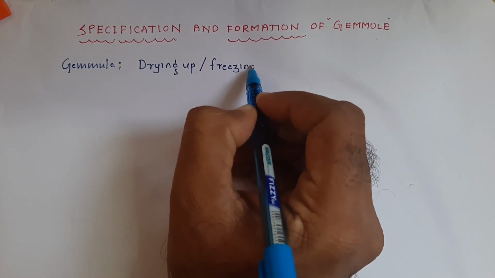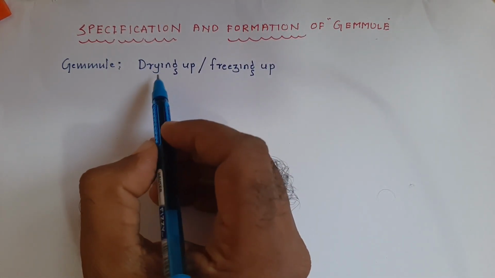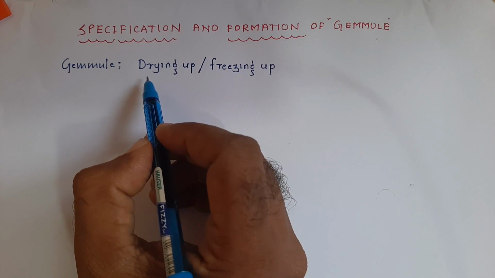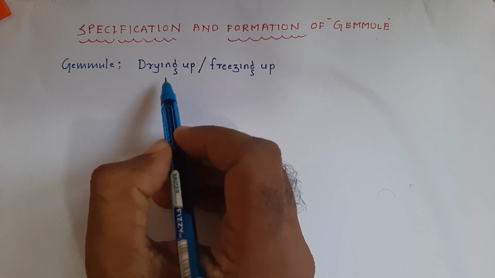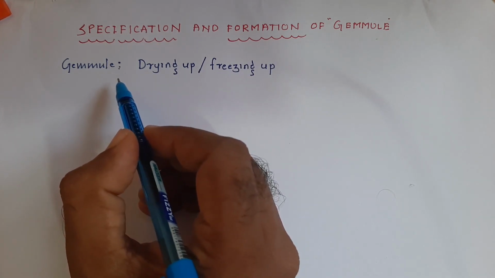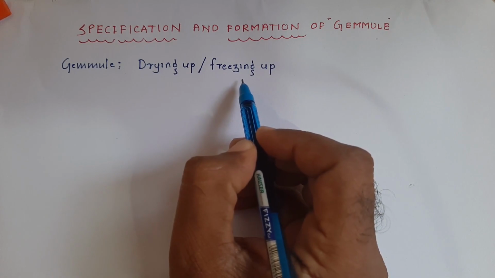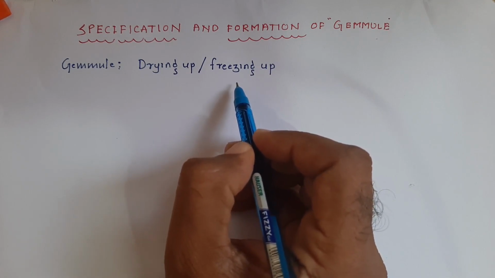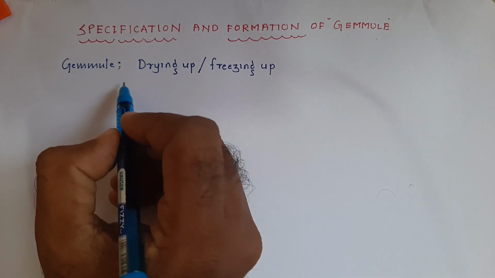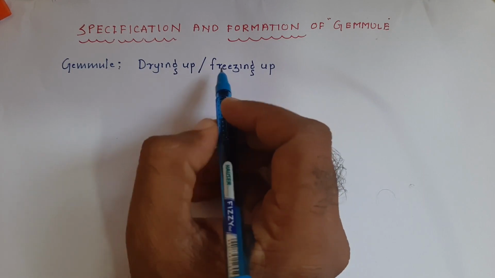Even if there is a scarce amount of water, gemmules sustain. Even if water freezes, gemmules withstand that condition also. These gemmules are resistant to drying up and freezing up of water.